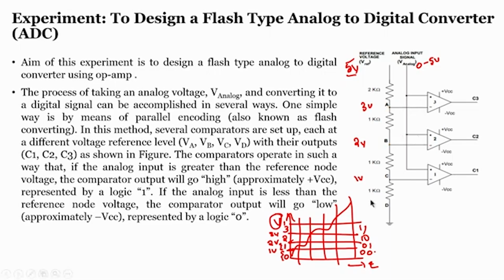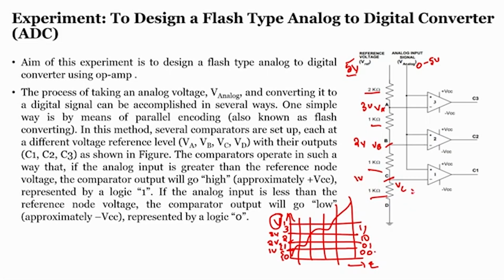Because it is easy to understand, we have chosen resistors such that they are 2k, 1k, 1k and 1k. When you apply the voltage divider formula, if I want to know the voltage at this point, let us take this as VA, this is VB and this is VC.